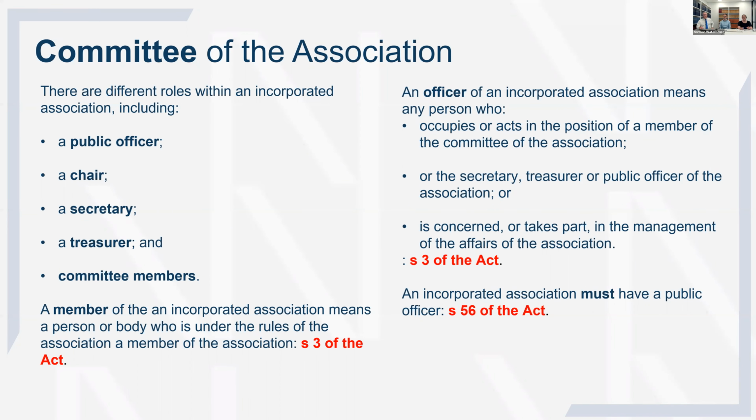An officer can be any person who occupies or acts in the position of a member of the committee of the association, is a secretary, treasurer, or public officer of the association, or is concerned or takes part in the management of the affairs of the association. My last point on the slide is about having a public officer: if an association does not have one, it could be liable for a breach of the Act under Section 56, but I will delve more into that in my next slides.